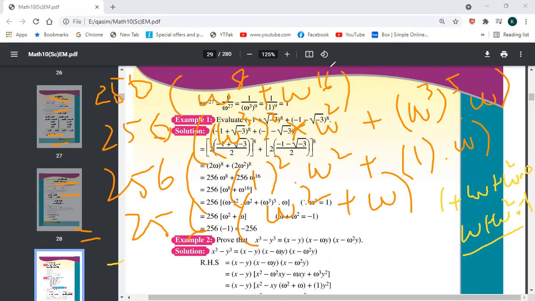Putting the value here, minus 1 multiplied by 256 equals minus 256. So this is the general example of how to solve values relating to omega and omega square. These are questions related to the cube root of unity. This is the end of the lecture today. We'll meet in the next class.